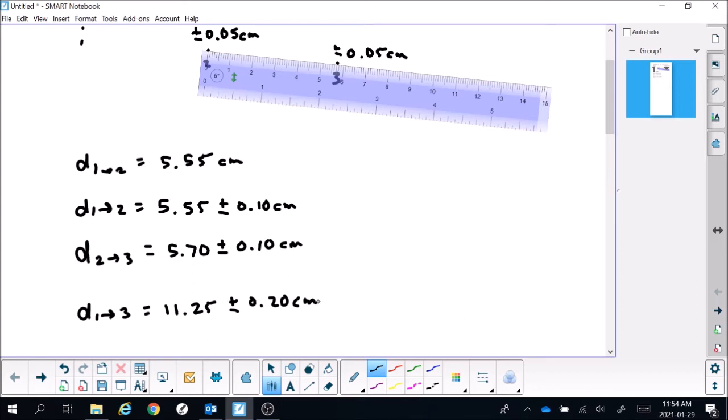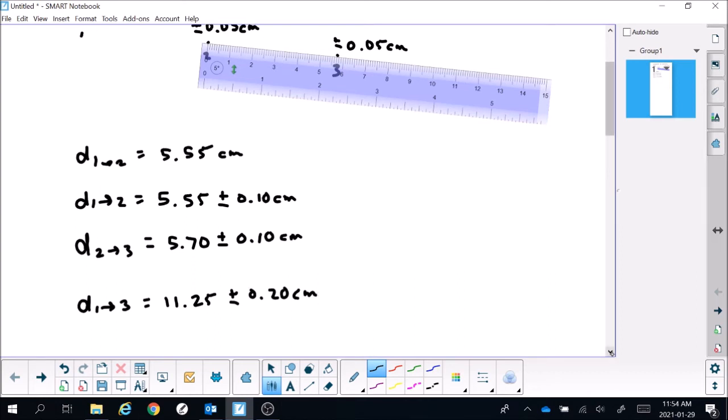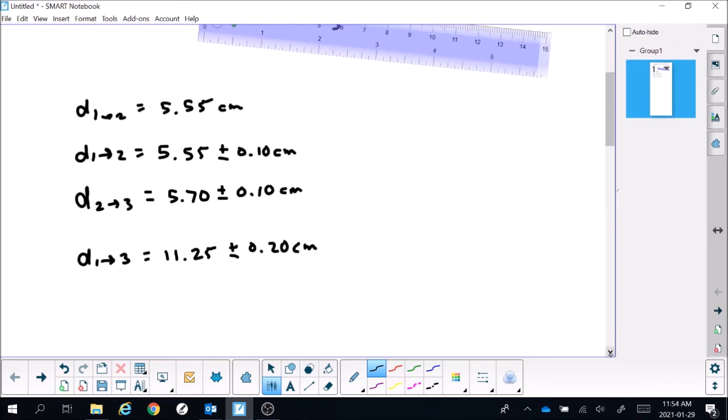Now I technically haven't stated this correctly. You'll notice that these uncertainties right here are both stated to two significant digits. That is perfectly acceptable because the leading significant digit is a 1.